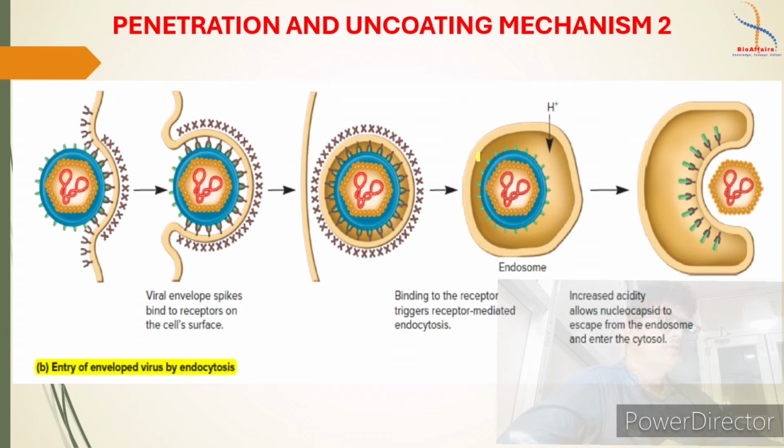The total virion structure is now inside a vesicle called an endosome, which has a lower pH, and this total structure will be released into the cytoplasm. In the case of some viruses, this envelope remains attached to this endosome.